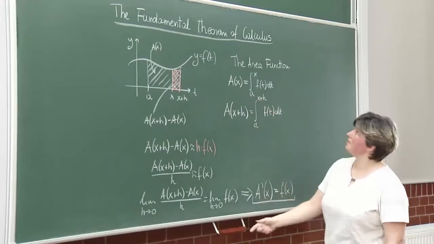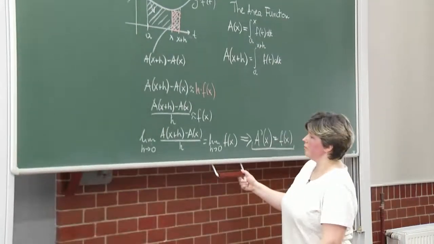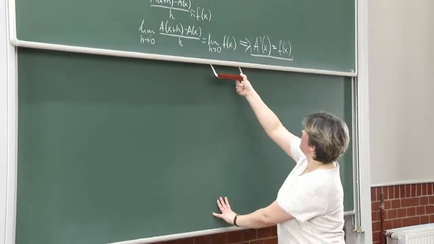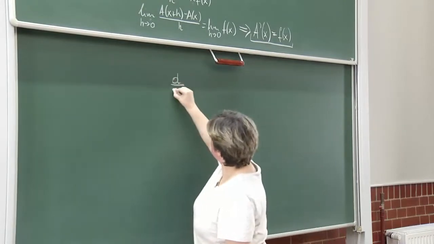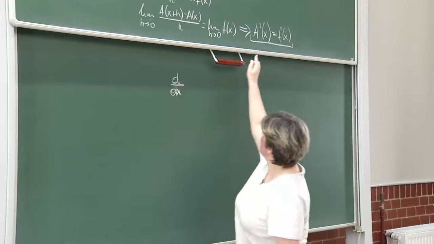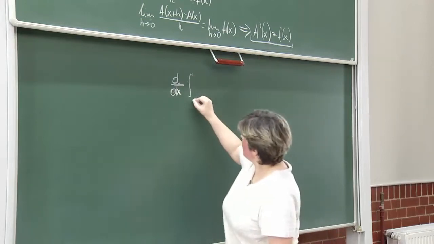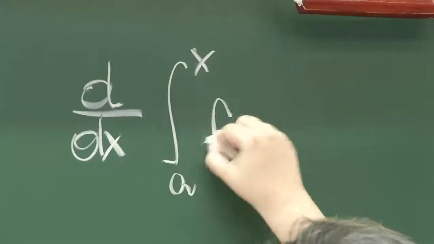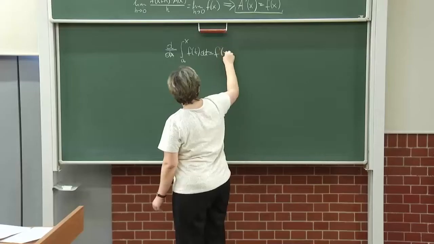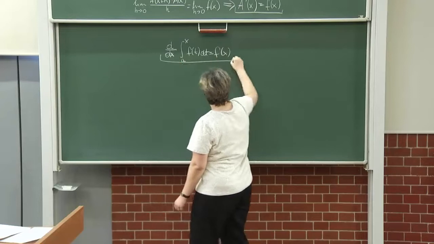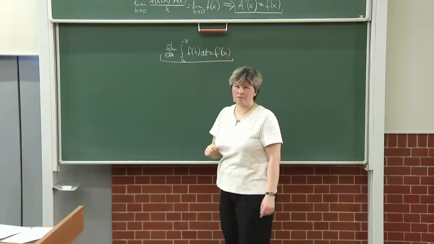This says, let me move the boards here. This can be written using Leibniz notation as d/dx, so that's instead of A prime, of our function A equals f of x. This is the first part of the fundamental theorem of calculus.